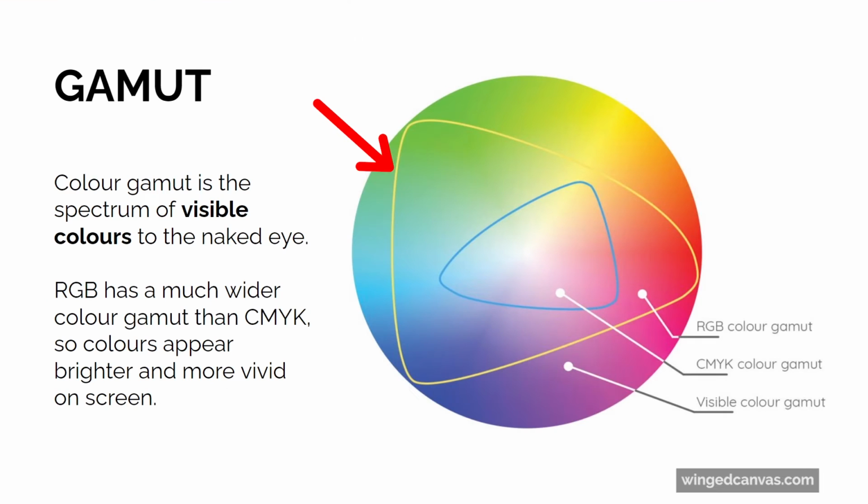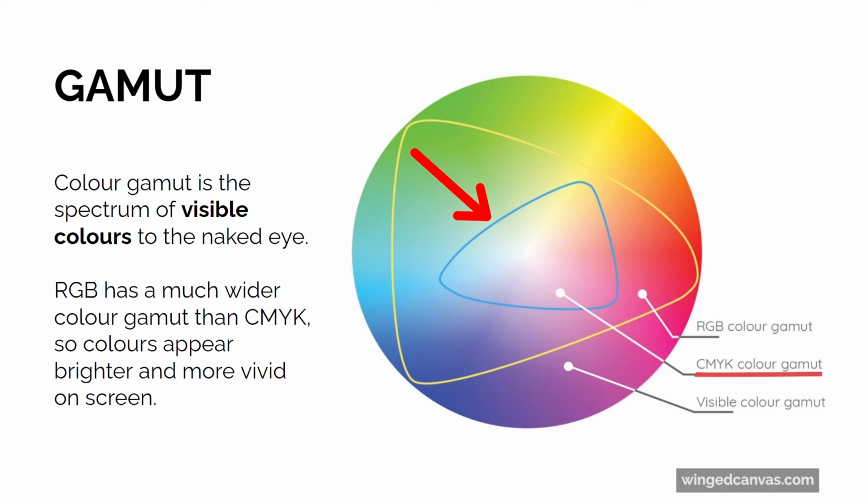And if you look at this yellow line here, this is the RGB color gamut. So the RGB color gamut is all of the colors that we are able to see from projected light, for example, on a screen. And then the smaller triangle is all of the color gamut in CMYK.